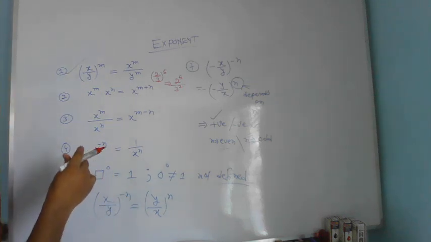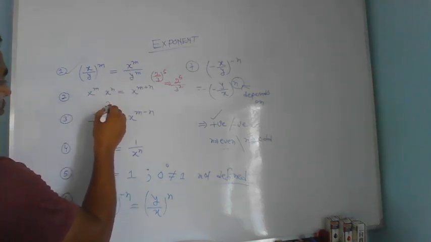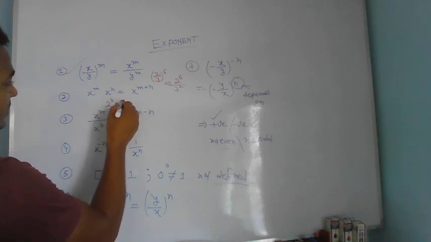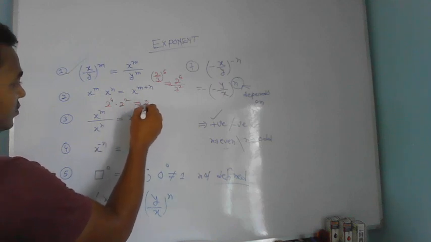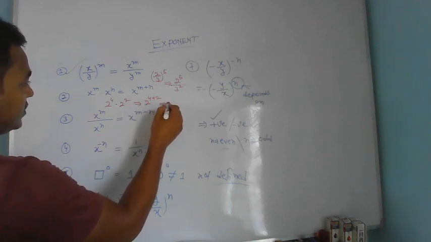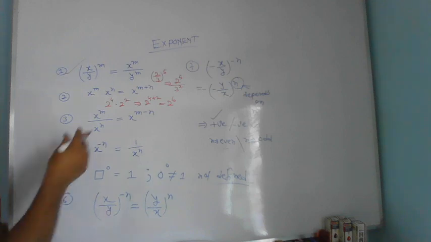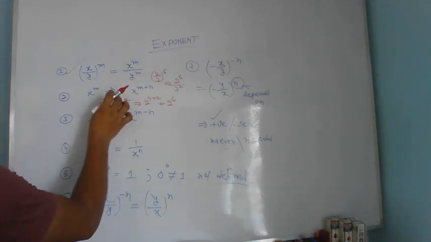Number 2, if we write 2 to the power 4 into 2 to the power 2, it would be 2 to the power 4 plus 2. Bases are the same, so it will be 2 to the power 6.